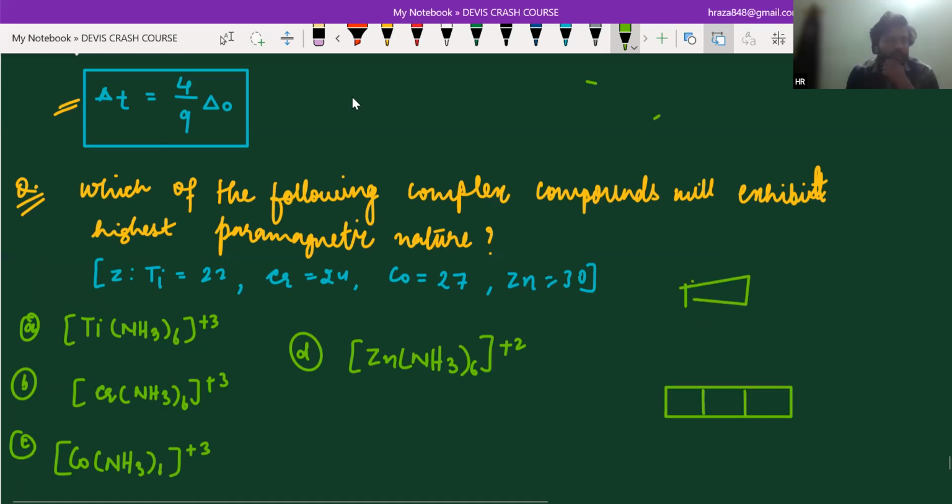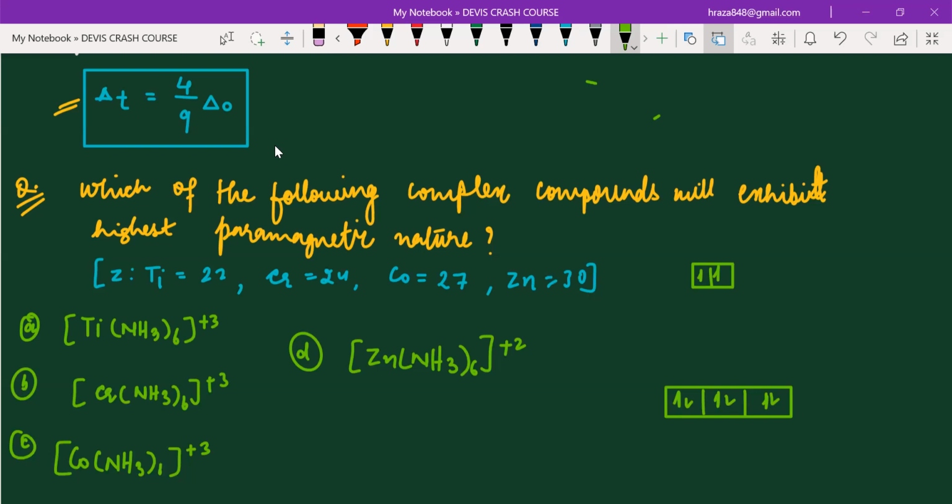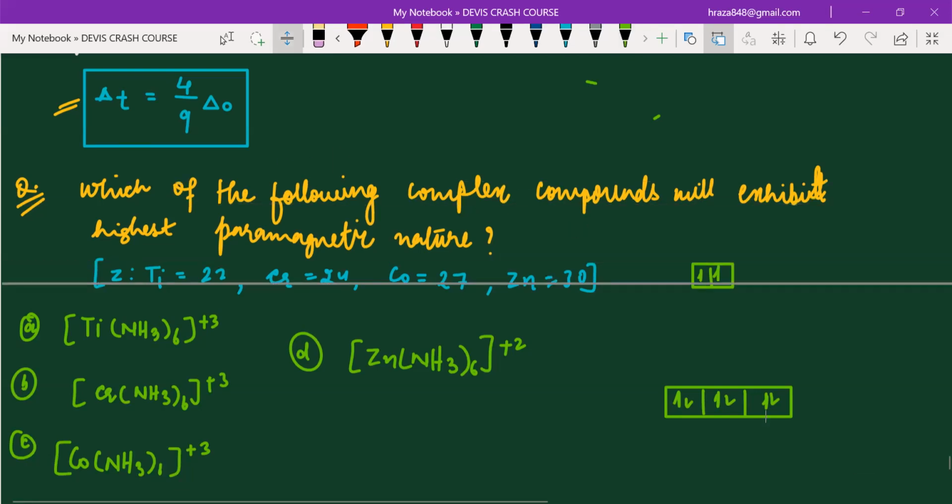So what you are going to do is very easy: 1, 2, 3, 4, 5, 6. And if you have a weak field ligand, what you need to do is very simple. So it will be 1, 2, 3, then 4, then 5, then come to this 6, 7, by Aufbau principle, right?